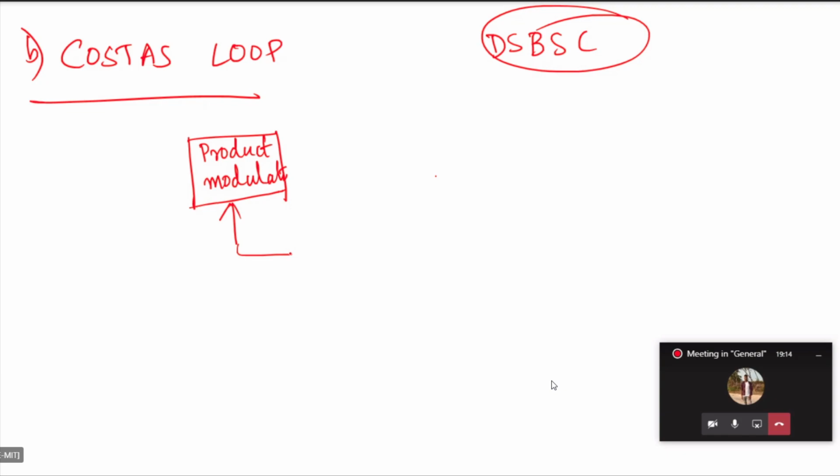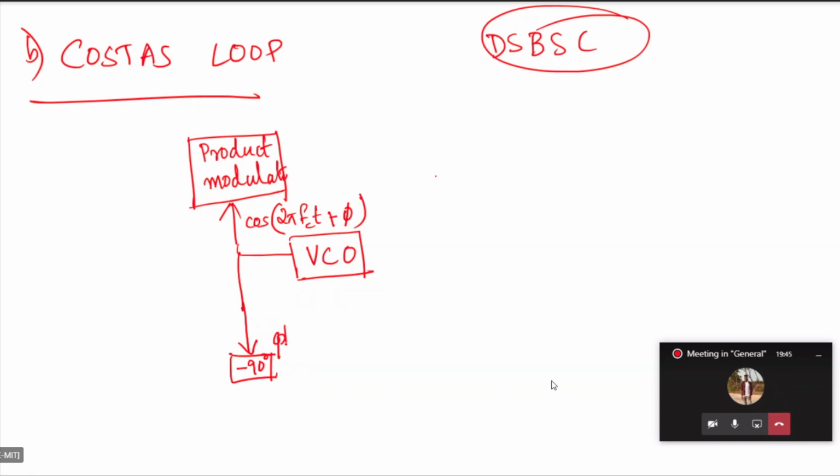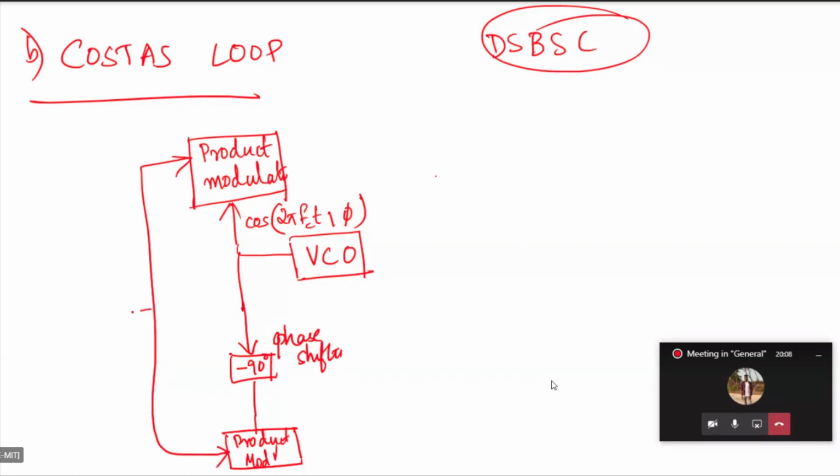You have a product modulator, a VCO, voltage controlled oscillator, and another product modulator, and to both of these you feed the DSBSC signal, which is Ac cos 2 pi fc t into m of t.